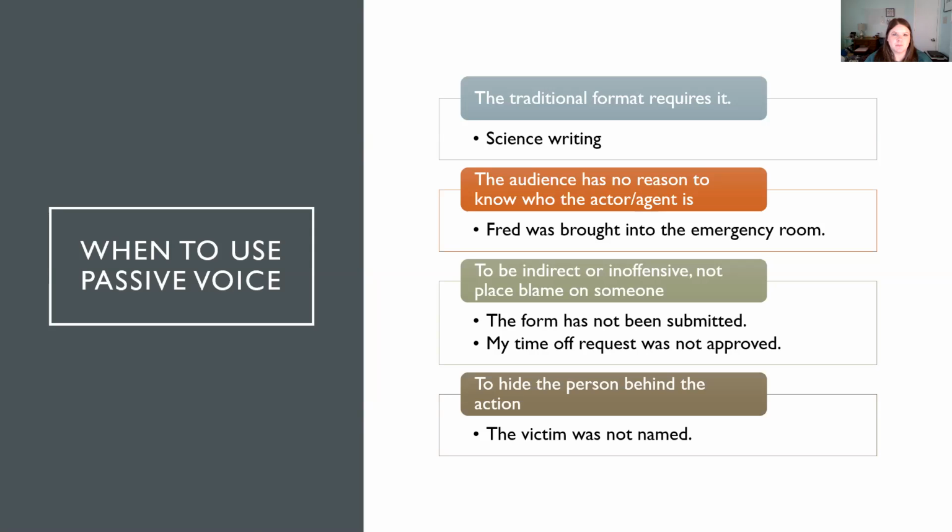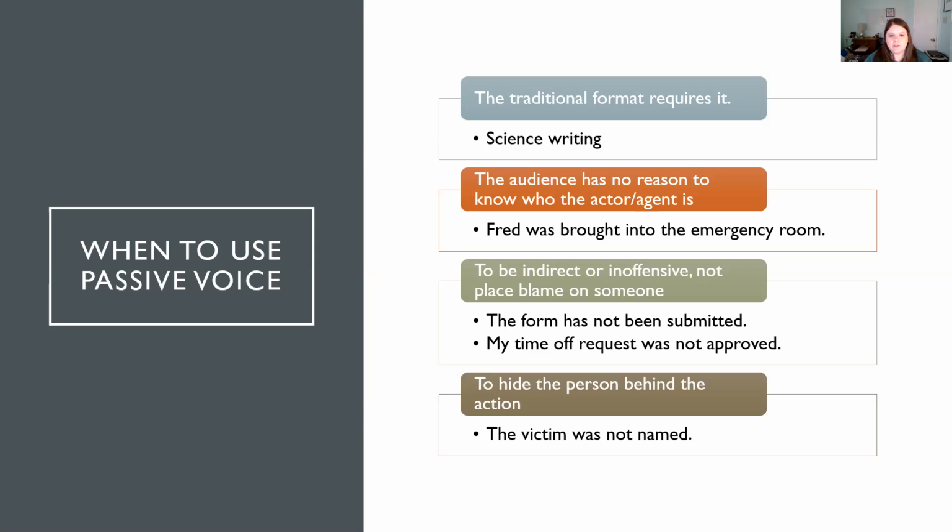Also, sometimes it's just better to hedge and not specifically say who the actor is because you don't want to be that direct or you don't want to offend someone. Of course, these are two examples. There are situations where surely you would want to use somebody's name and put an actor, but there are times that it is better just not to include that information.